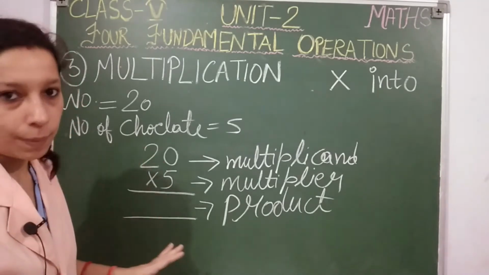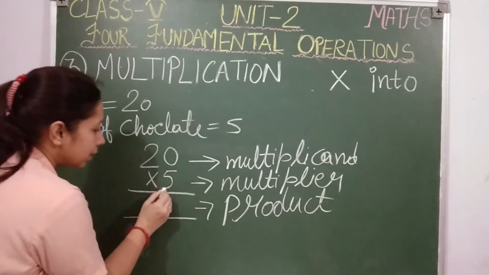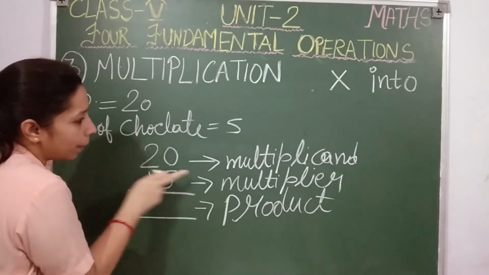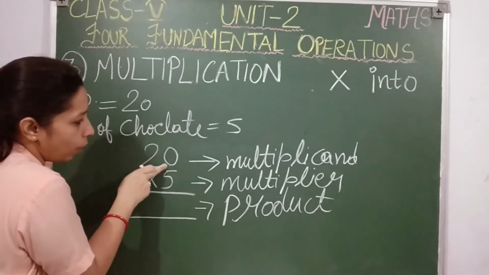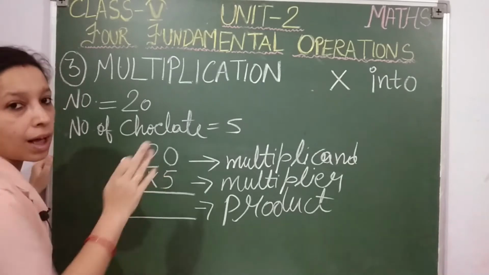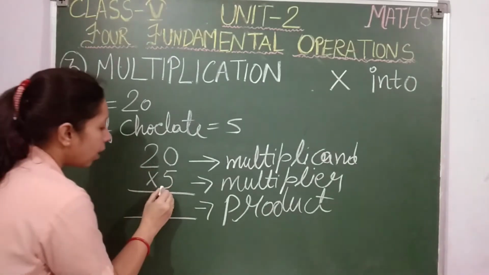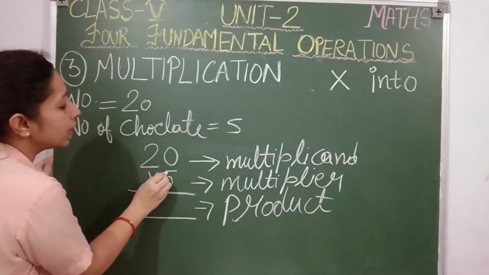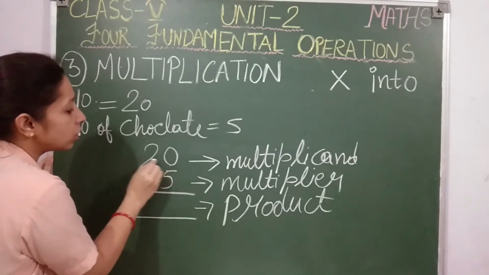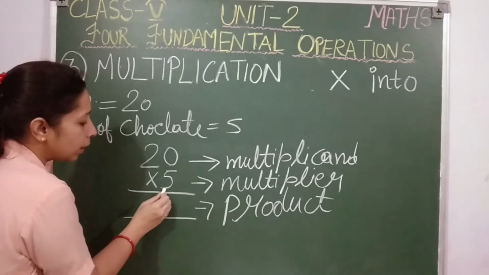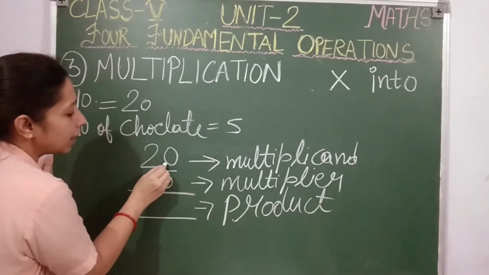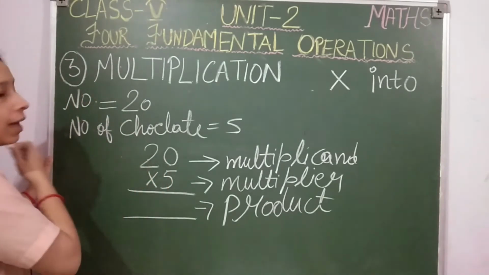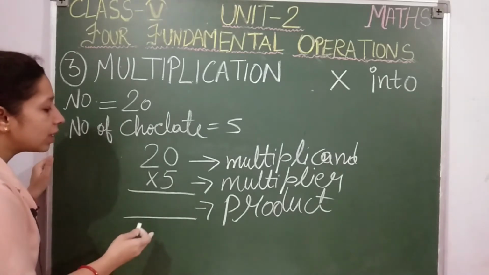Okay, now let us multiply, students. Which place is this, students? Ones place. Here in the multiplicand, the ones place has 0 and the multiplier has 5. How to multiply? The number written in your ones place will be multiplied with each digit of the multiplicand. First, the ones place will multiply the digit at the ones place, then the digit at the tens place, and then it will continue.